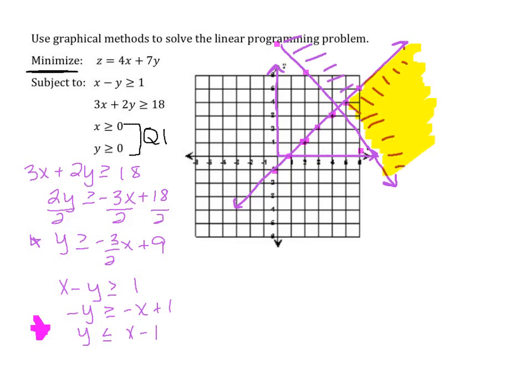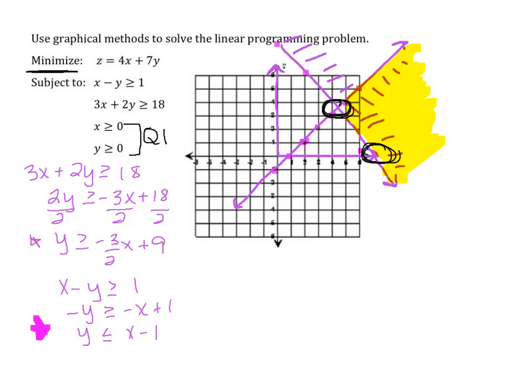So we want to find the minimum point, and we have some points at which it hits. Here is a point we need to check. Here is a point we need to check to see which one will result in the minimum.